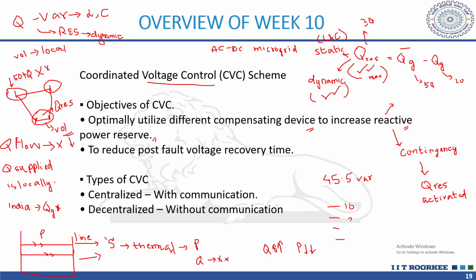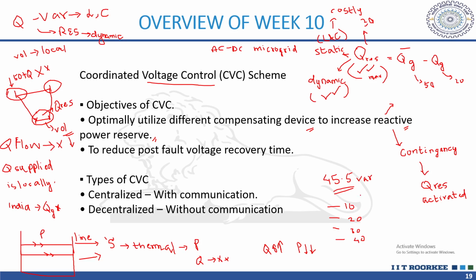10, 20, like this, 30, 40. So exactly getting 45.5 VAR from this static arrangement is not possible, first thing. Secondly, these are also costly elements to install in the grids, and their manual switching on and off will also deteriorate their operation over time.